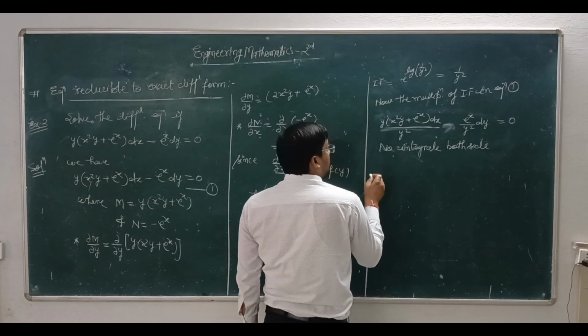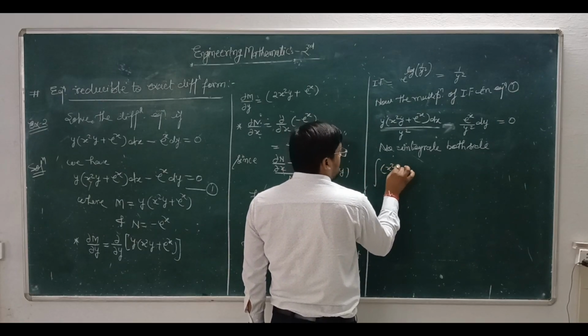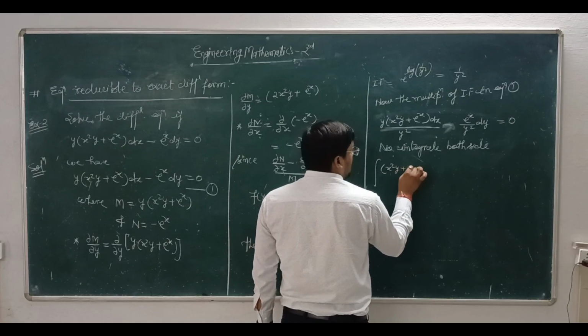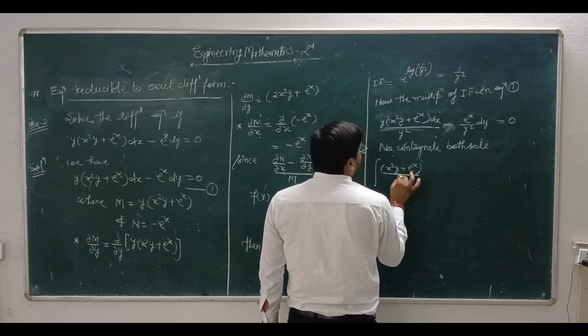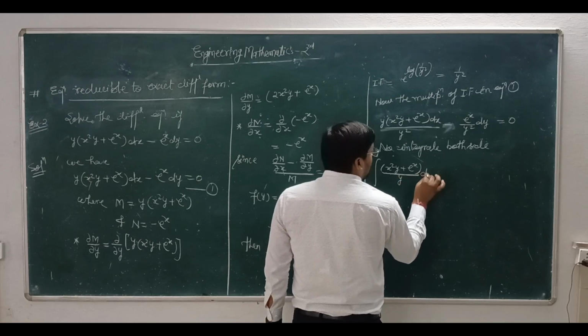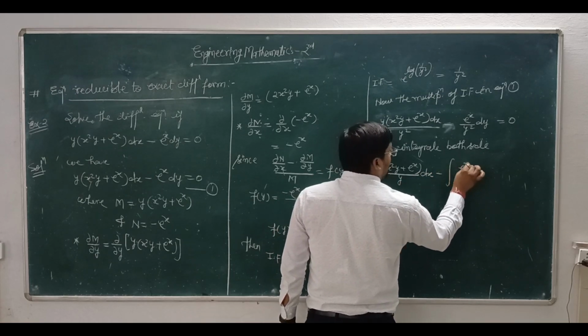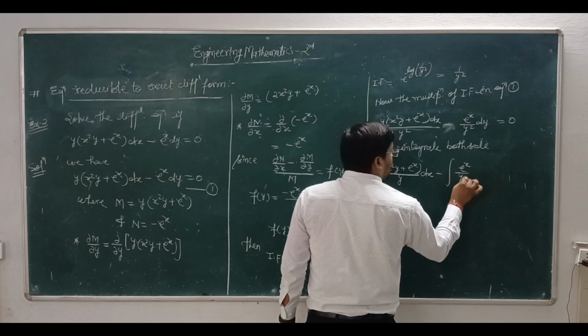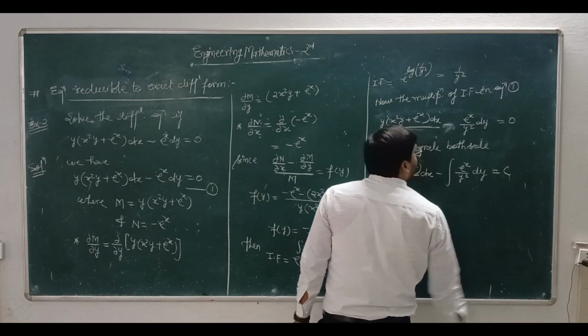You can write integration of (x square y plus e to the power x) total upon y dx minus integration of e to the power x upon y square dy is equal to constant.